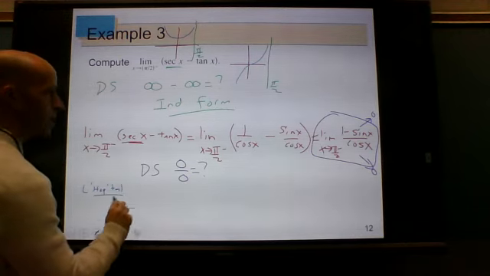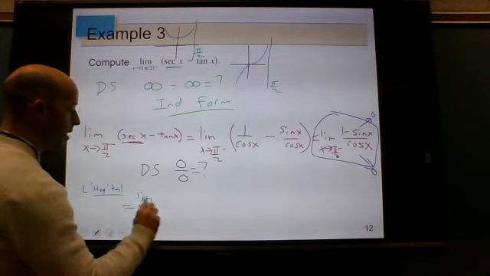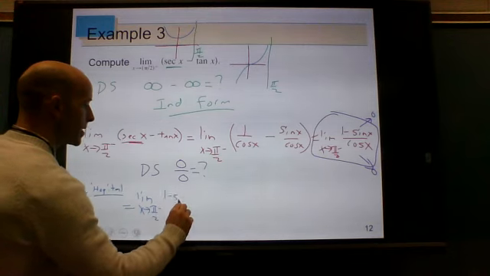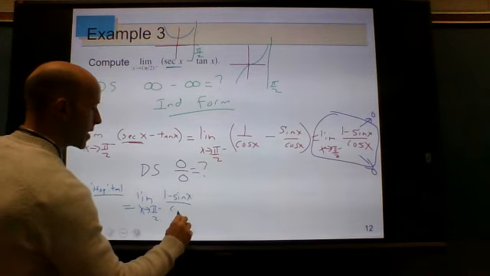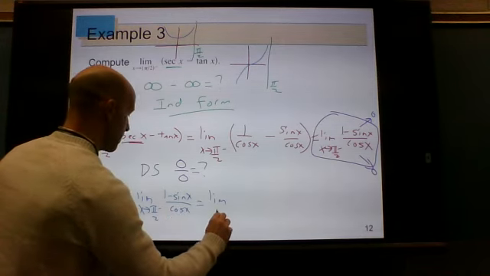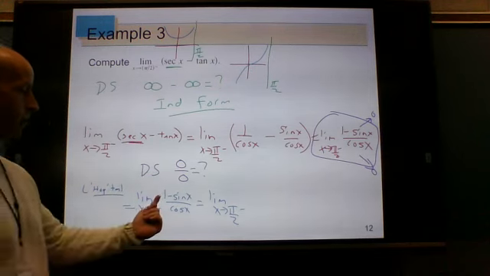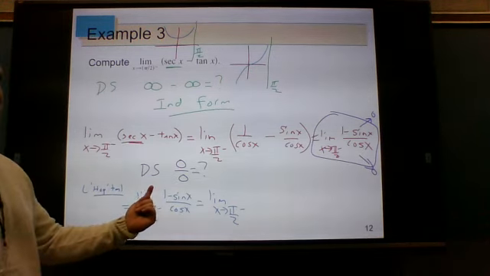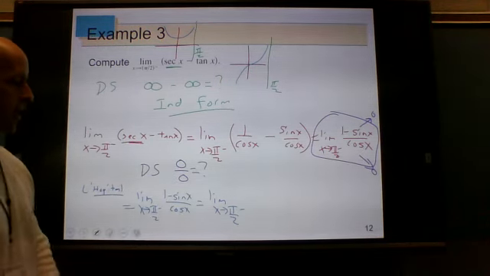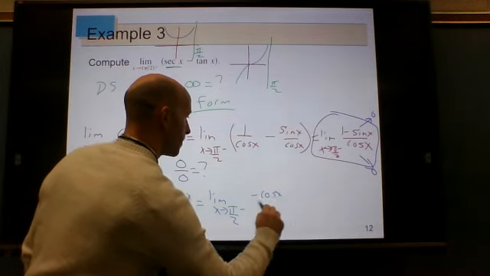So this limit, I'm going to go ahead and rewrite it. The limit as x goes to pi over 2 negative of 1 minus sine x over cosine x. I'm going to do the derivative of the numerator and the denominator. The derivative of 1 is 0. The derivative of negative sine is going to be negative cosine.